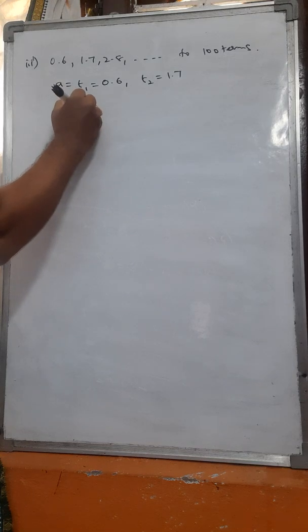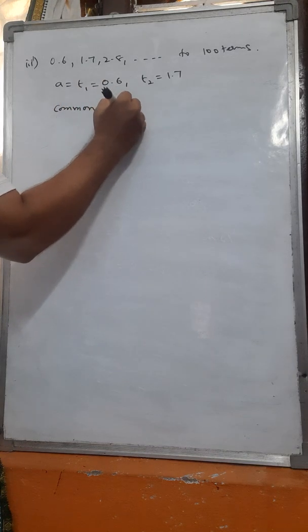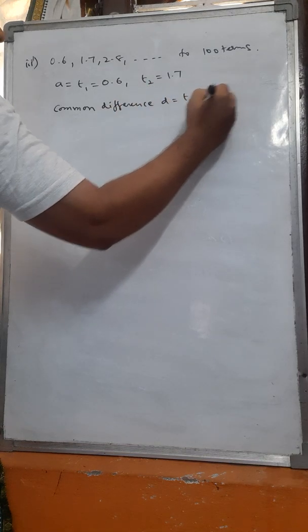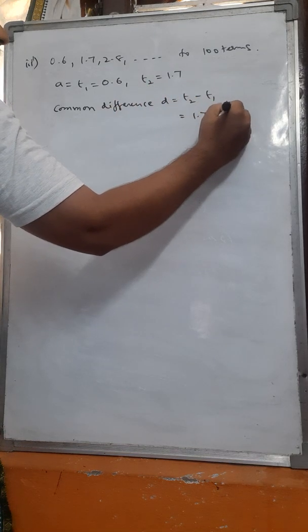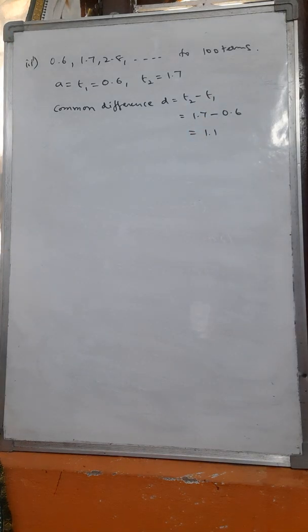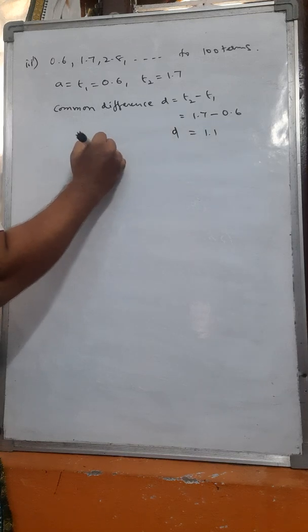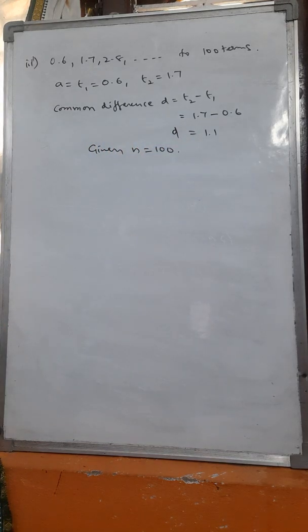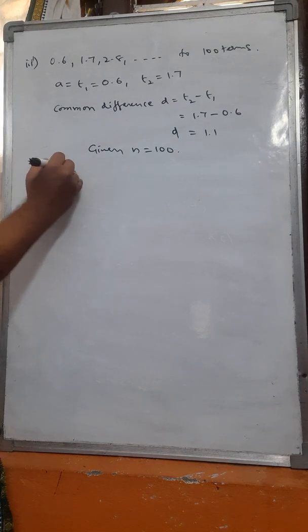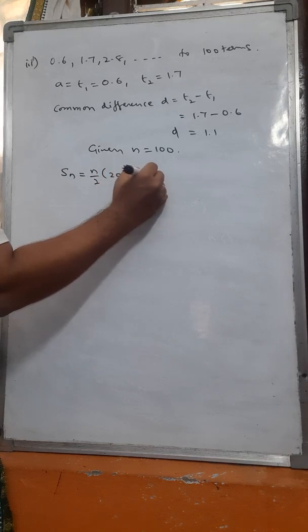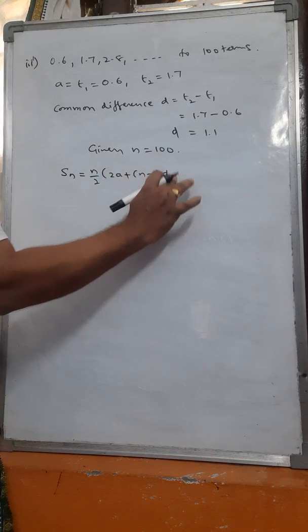Common difference D is equal to T2 minus T1. T2 means 1.7 minus 0.6, that is 1.1. D is equal to 1.1. Given n is equal to 100. Now the sum of the n terms Sn is equal to n by 2 into 2a plus n minus 1 into d.